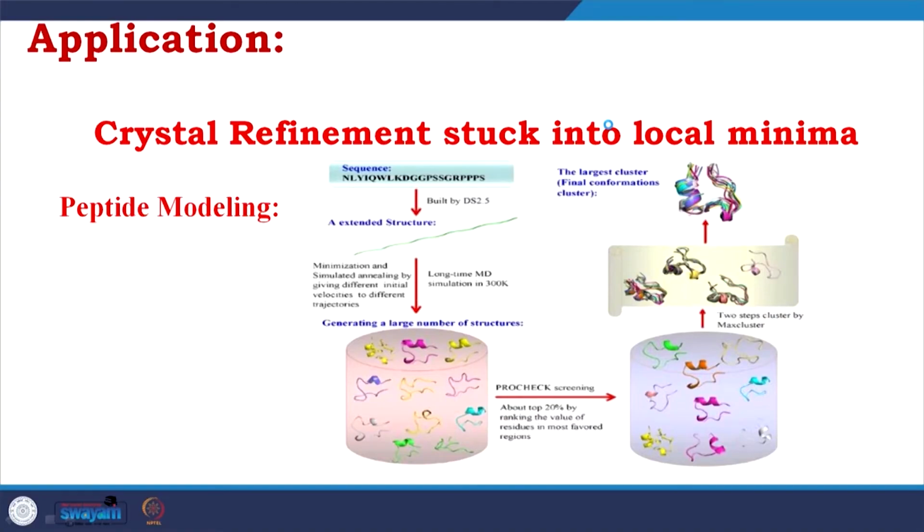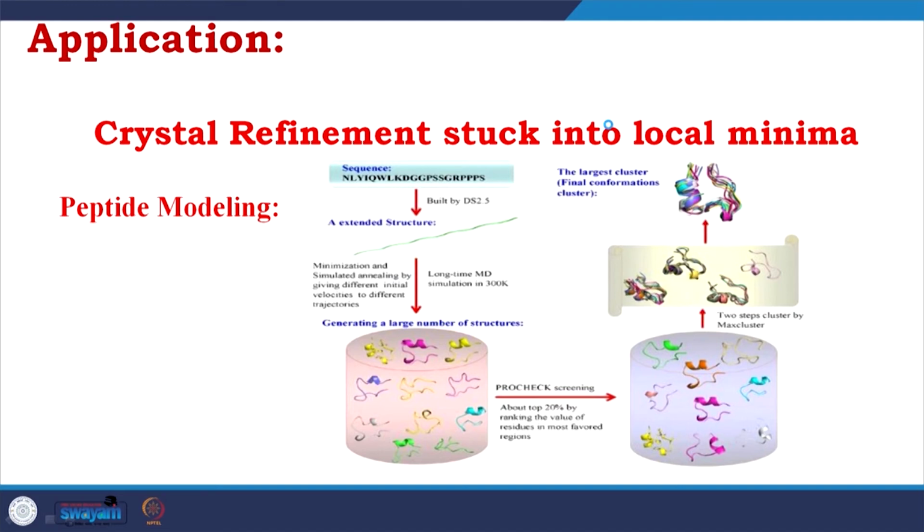algorithm which is taking the sequence, and then instead of doing long time MD simulation, it is doing minimization and simulated annealing by giving different initial velocities to different trajectories. Then it generates a large number of structures, and the whole structure assemblies go through the project screening, where about top 20% by ranking the value of residues in most favored region.